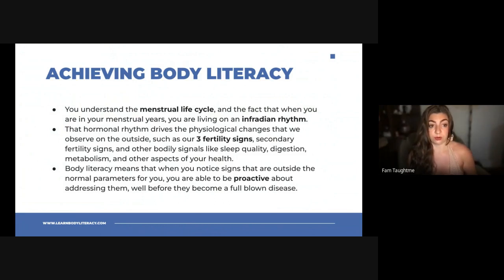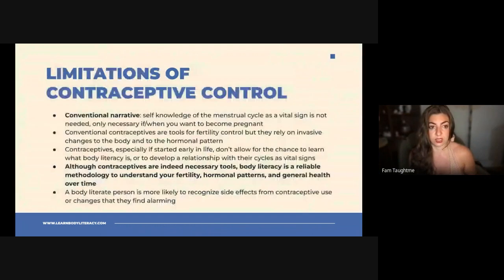So those hormonal rhythms are the driver behind seeing your three fertility signs, and that's what we observe in fertility awareness, as well as other secondary signs and other bodily signals like sleep quality or tracking your digestion and things like that. Body literacy means that you notice signs that are outside of normal parameters for you. You're able to be proactive about those things and address them before they become a full-blown disease and need to be treated more seriously.